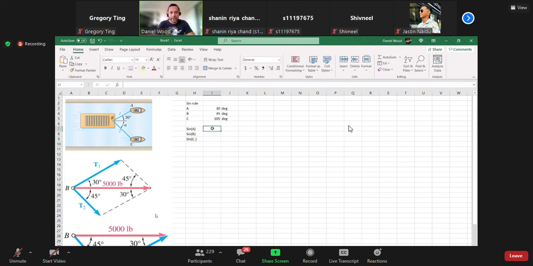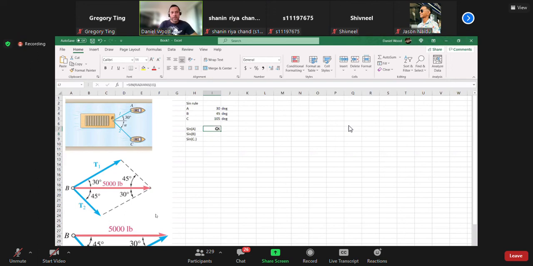And we have to convert it into radians. So we would go equals sine of radians. I'm calling out the radians function, so it's going to change my angle from degrees into radians, so I can use the sine function. And look, I get a half.